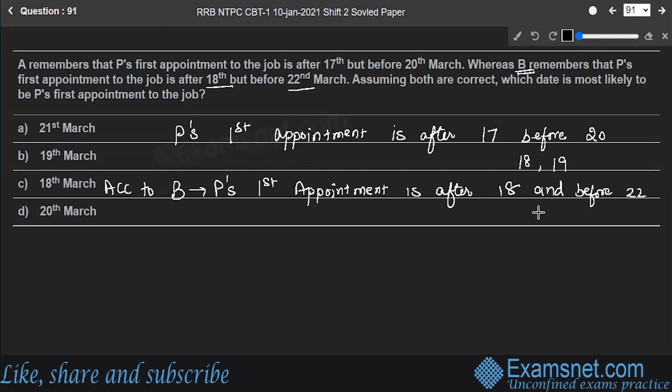And the three dates between them are 19, 20, and 21. Right? Now in the question, both are correct. Assuming that both are correct, which is the common date? It's 19 March.